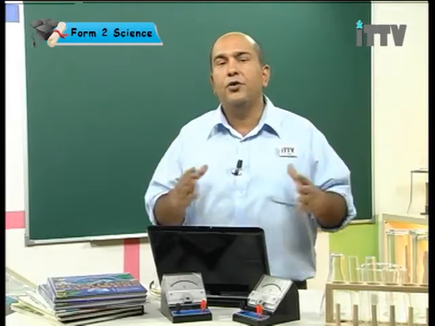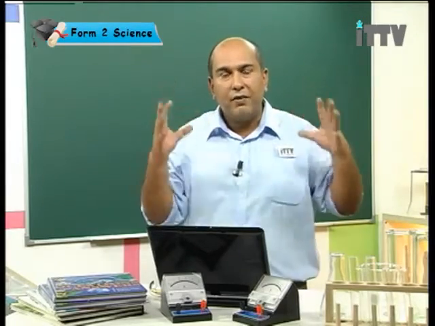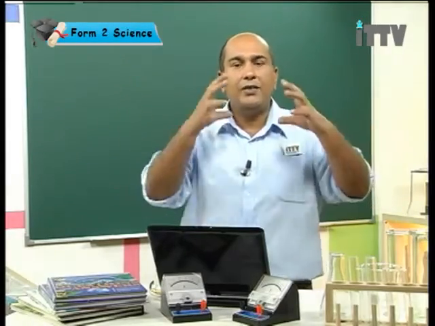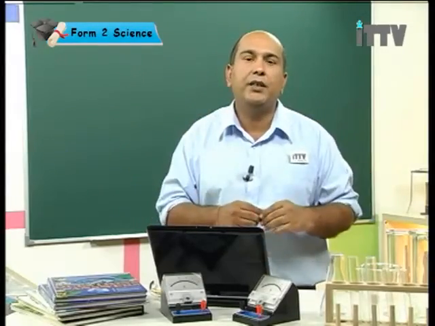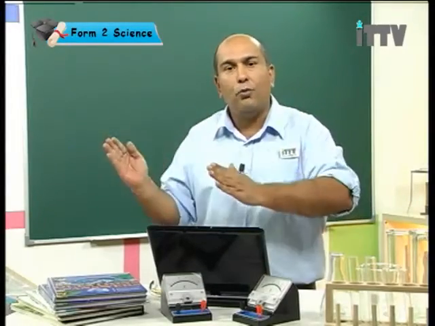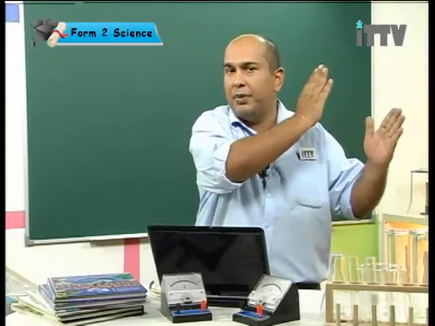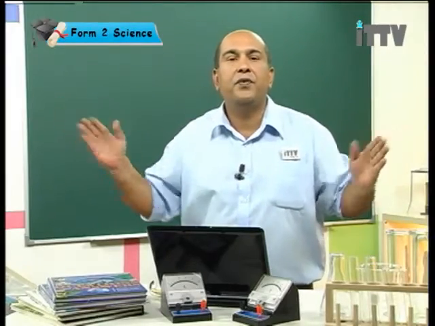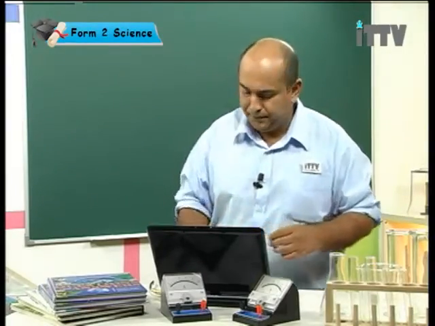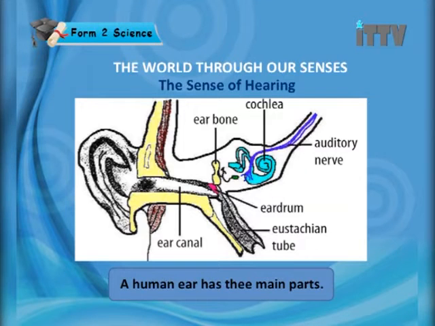Now, in order to do this, the ear is very specially designed and has got 3 different parts to it, each with its own job so that the sound can be translated and transferred efficiently. The human ear has 3 main parts.